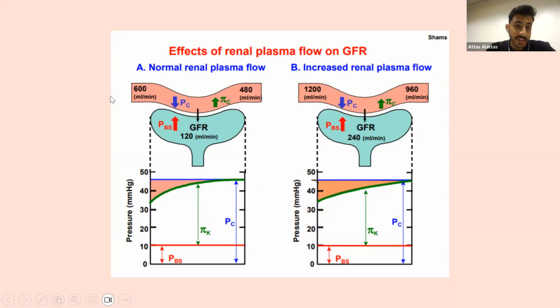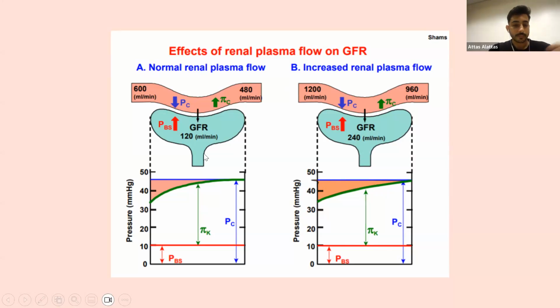So in this case, for the 600 renal plasma flow, you needed 120 milliliters out of these 600 milliliters per minute to stop the filtration. So when you increase the renal plasma flow, you would require more GFR to reach the same hydrostatic pressure.